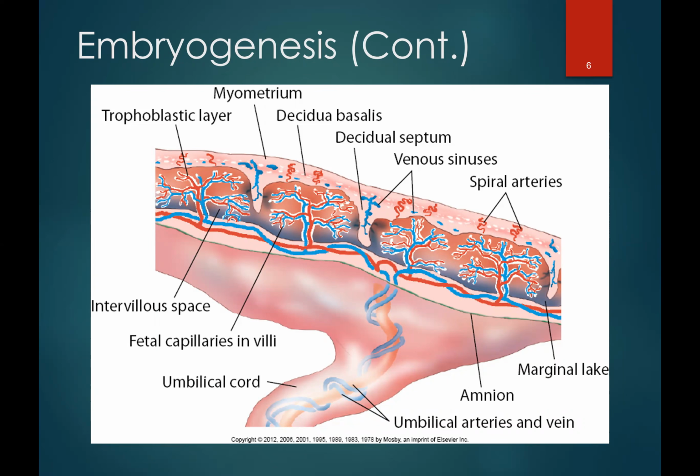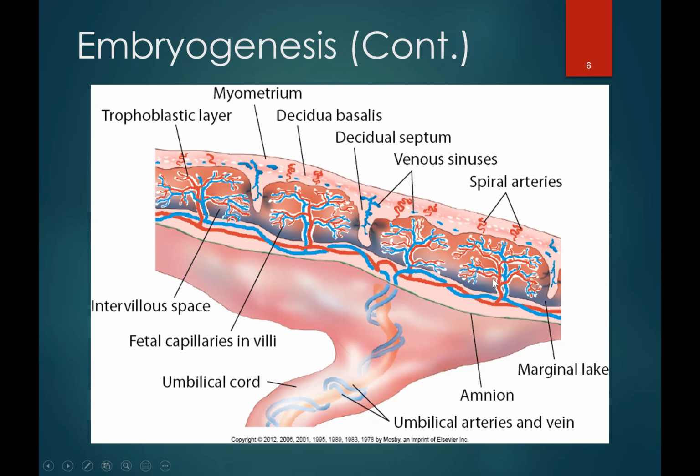The placenta is also very vascular. And these are the little arteries that are coming and going from the mom to the baby, basically. So this is the myometrium. So that you remember, that's part of the uterus, the muscular part of the uterus. The decidua basalis is this part right here. This is more of the chorion.